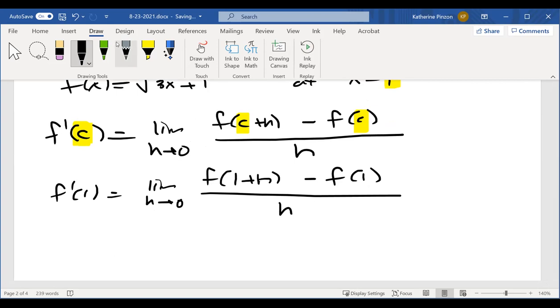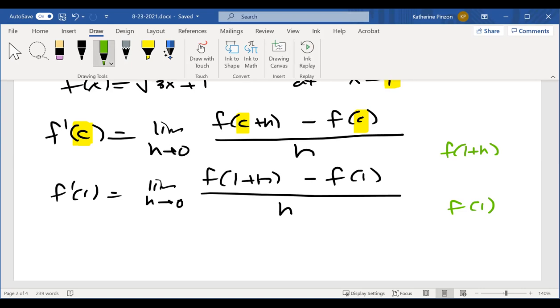Over here on the side, I'm going to compute these two pieces. I'm going to see what f of 1 plus h is, and what f of 1 is. I like to do that on the side so that I don't make an error in trying to do it in here, because this minus sign is going to screw people up every time. So I do these two things on the side, so that what I'm plugging in here is already simplified.